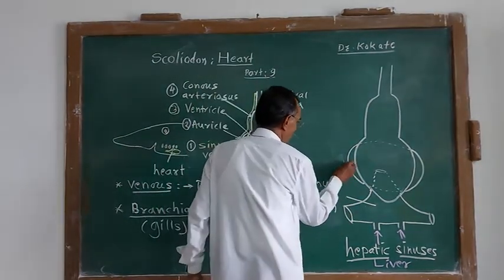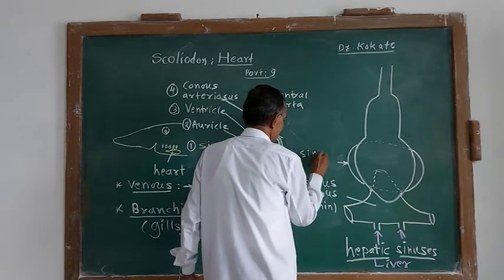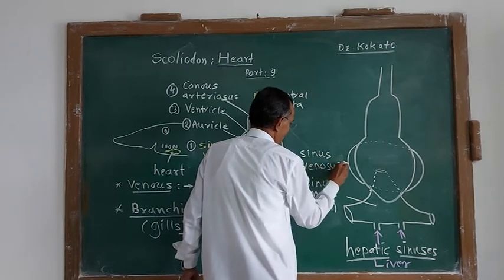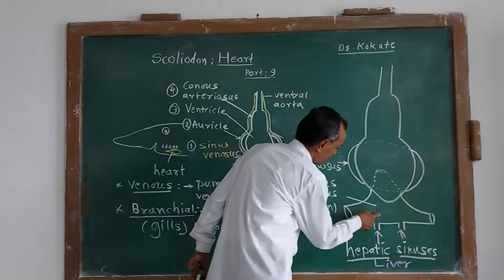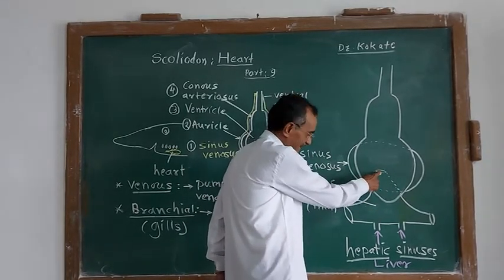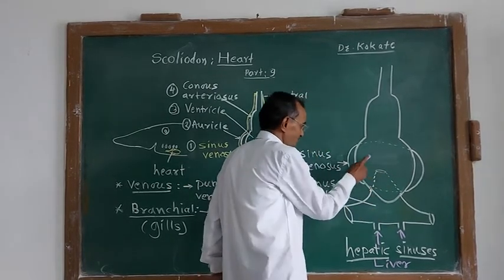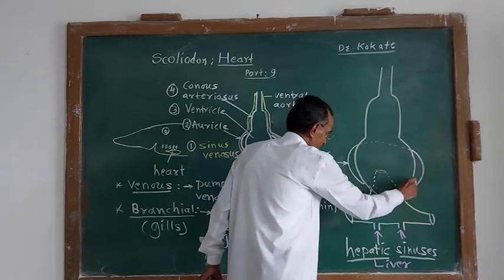It is known as the sino-auricular opening. Why is the name given so? Because it is the sinus venosus, the name is given sino-auricular opening. This opening is not shown in the diagram, but the sinus venosus opens into the auricle, which I have shown in dotted line.